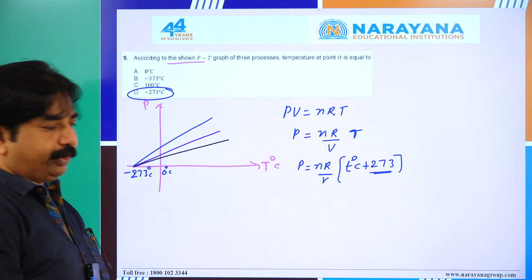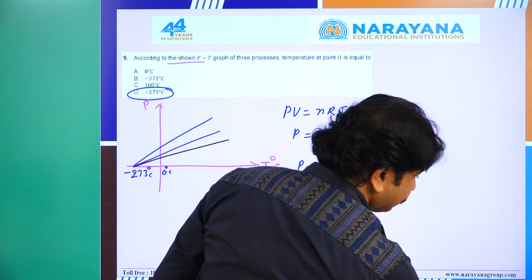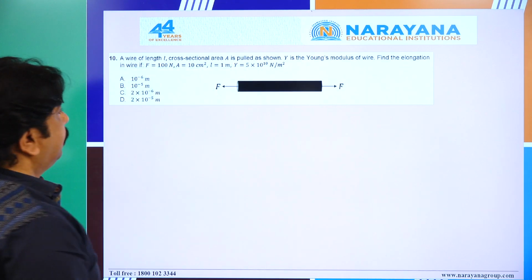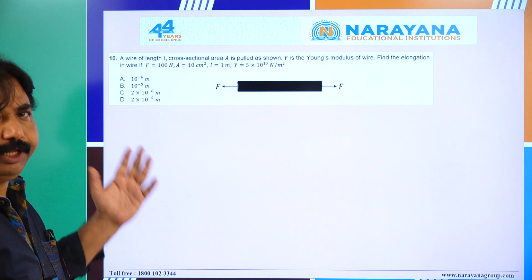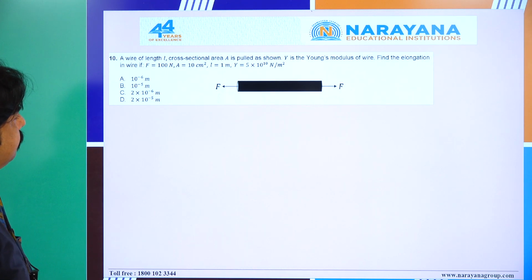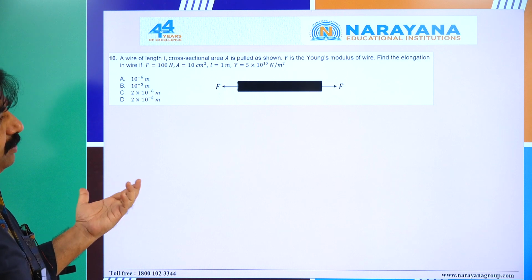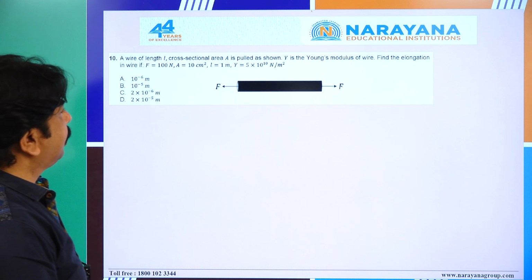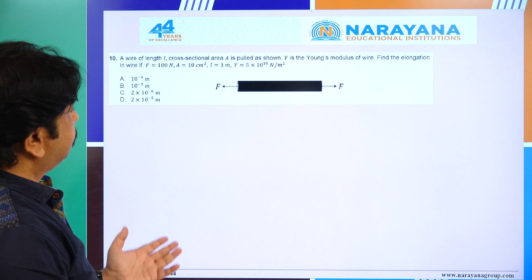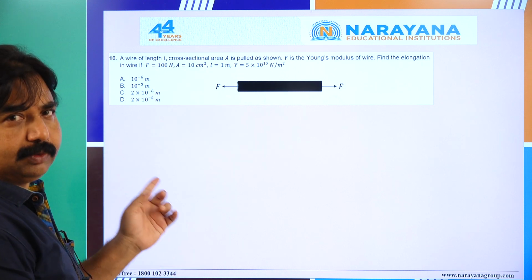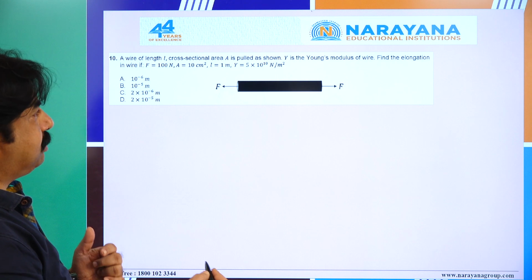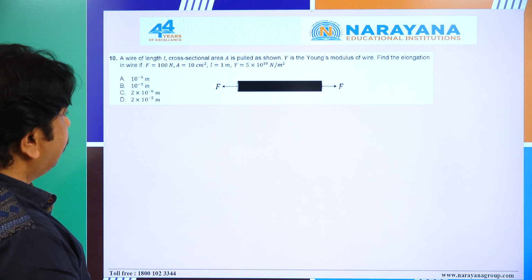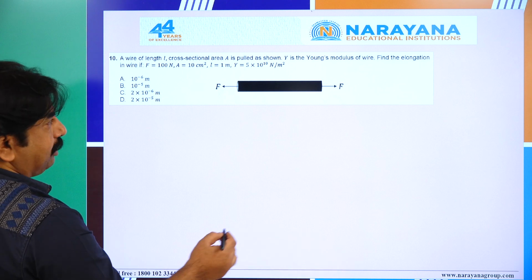Okay, now we are going to the next question. This is again from elasticity only, same as the previous model. But here the rod is horizontal, and two end forces act, both the same in magnitude but opposite in direction.